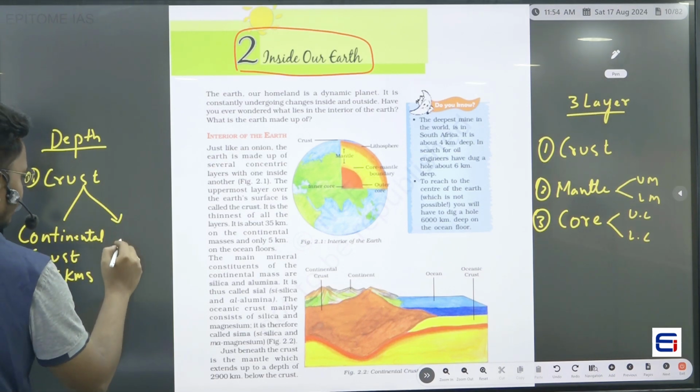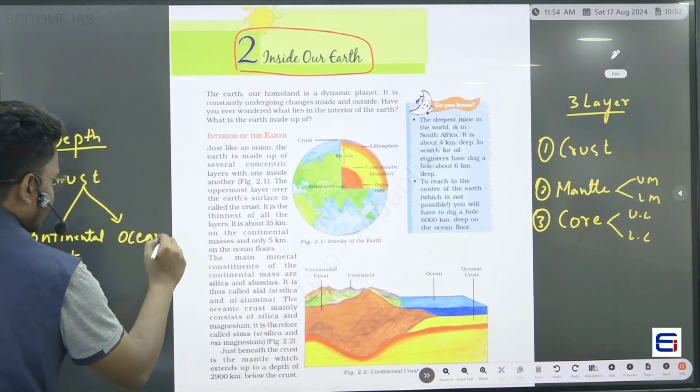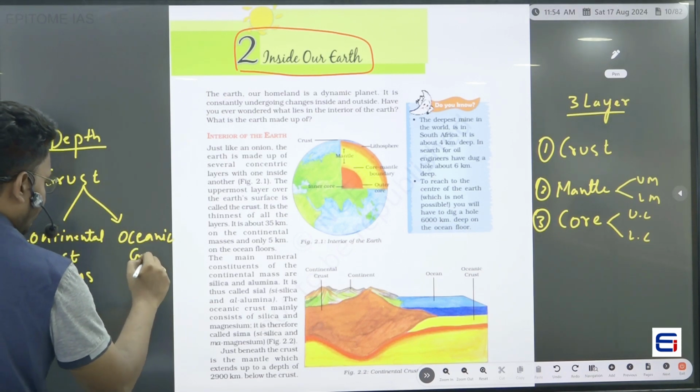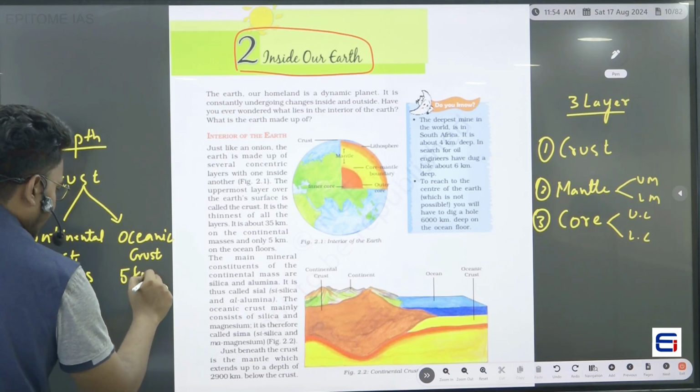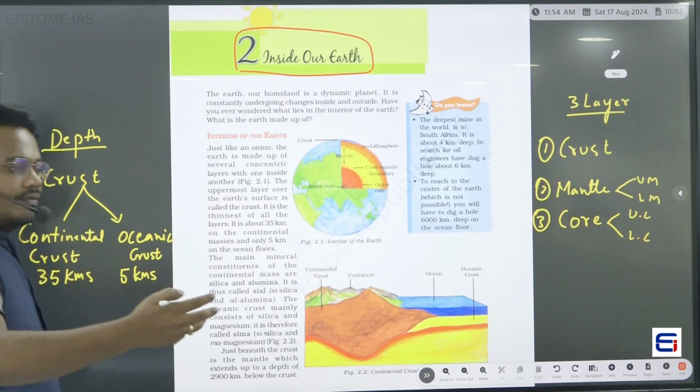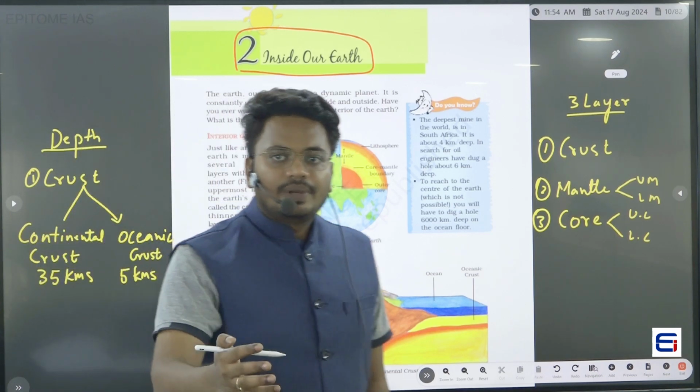And what about oceanic crust? Oceanic crust will have a depth of up to 5 kilometers. I am not saying it is exactly 5 kilometers. This is an approximate number.